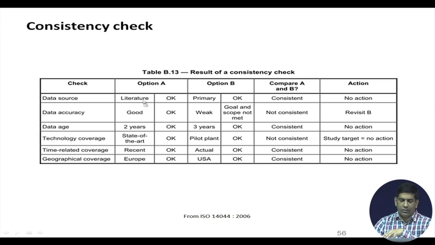Consistency in terms of what the data source is, whether it's primary data or secondary data, and then comparing A and B, whether the primary and the literature data are the same. If not, it's not consistent, so we may have to revisit. Those things need to be done in the consistency check. Then we looked at sources of uncertainties. So that's what we have covered in this particular module.